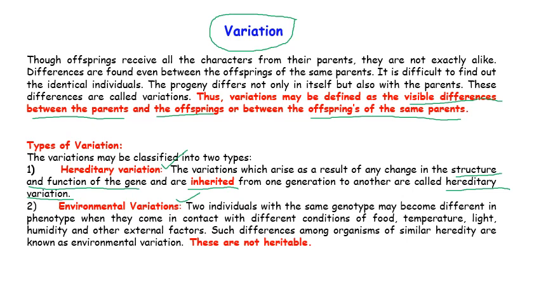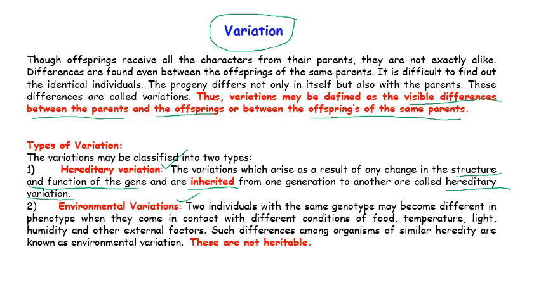It is because of the change in the structure or the function of the gene. When a variation observed within the offsprings of the parent is because of change in the structure and function of the gene, it is known as hereditary variation, and such variations can be transferred from one generation to another.